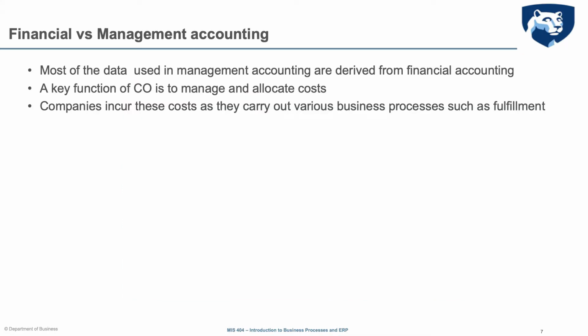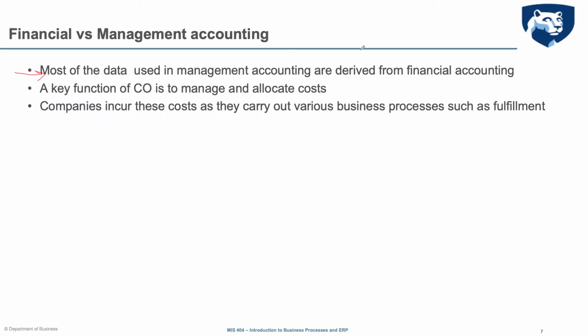Financial accounting, though, is, let's say, the basis for management accounting, because as you can see written here, most of the data used in management accounting are derived from financial accounting, and the objective of management accounting is to manage and allocate costs.